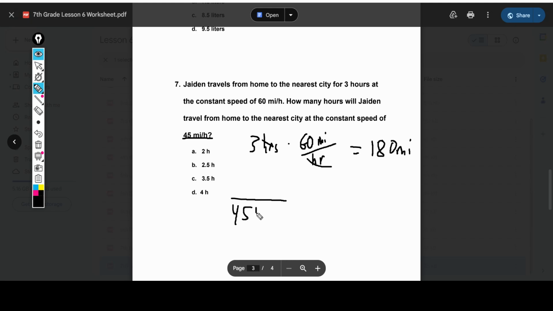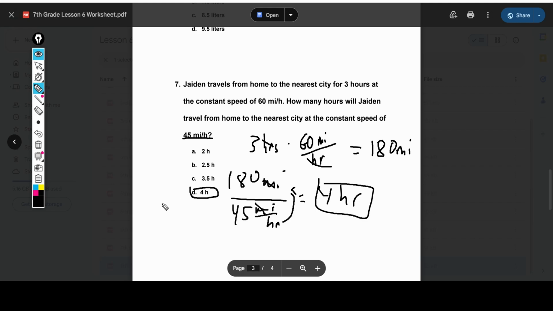So it should be 45 miles per hour. That way, the hours can move to the top, and we'll end up with hours at the top. And to cancel out these miles, we'll put something with miles at the top, and we'll get 180 miles. And then 180 divided by 45 is 4, and then the units cancel out, and then this one moves to the top, so this gives 4 hours. So it's T.